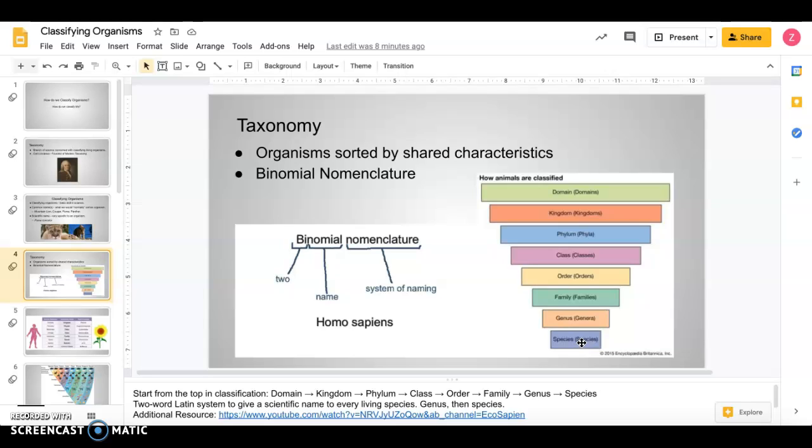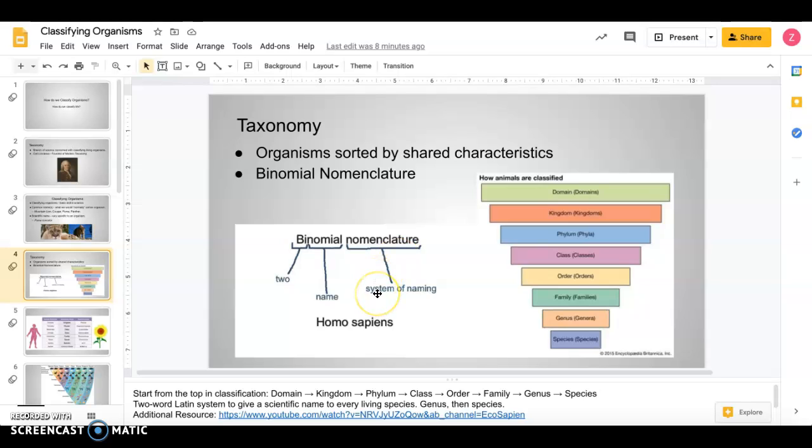And how do we label these organisms? By binomial nomenclature. Bi meaning two, nomial meaning name, nomenclature meaning system of naming.